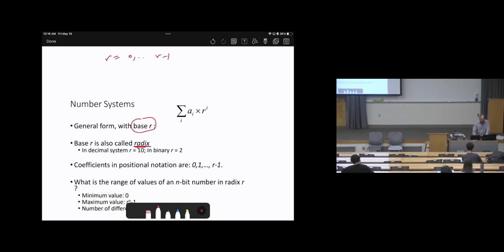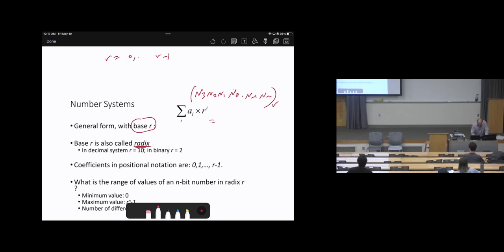Let's imagine that I have this number with digit positions 3, 2, 1, 0, a decimal point, and negative 1, negative 2, with base R. How can we evaluate this and convert it to decimal so we can know what this number is?